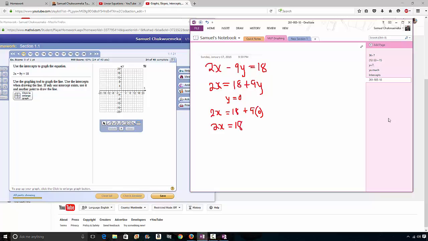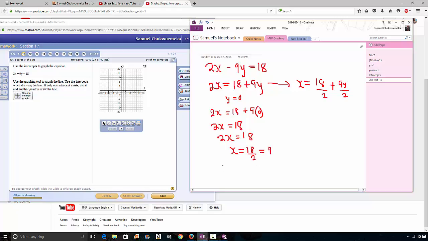Actually, you know what I should have done? I should first of all solve for x. So you divide everybody by 2: 18 over 2 plus 9y over 2. Although you can still do it the way I'm doing it, the best way is to do it the other way. 18 over 2 and then x is 9.